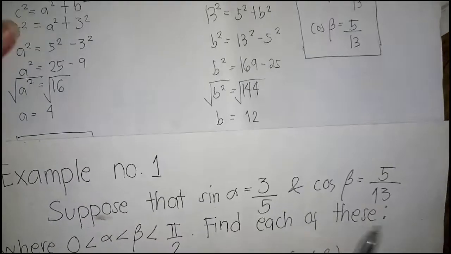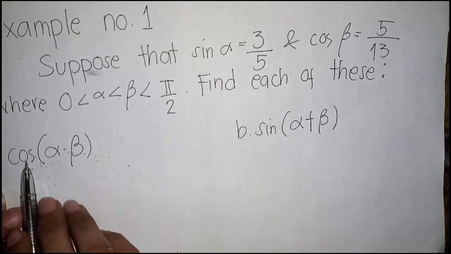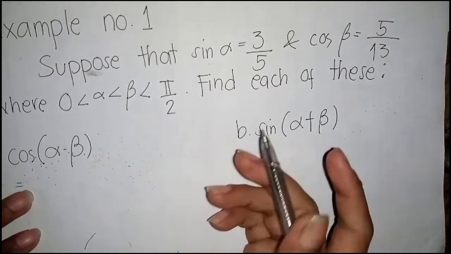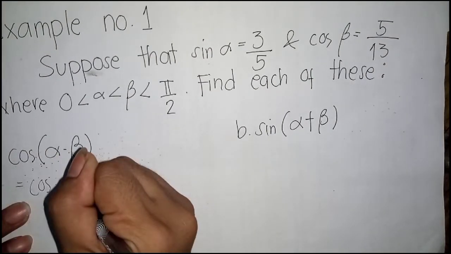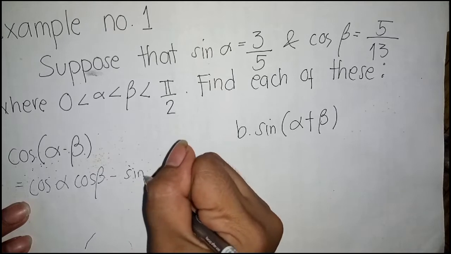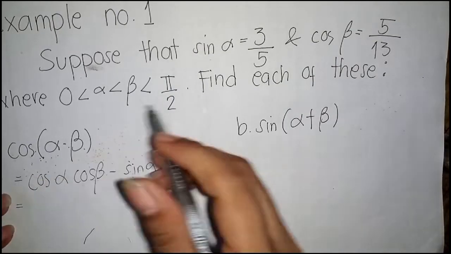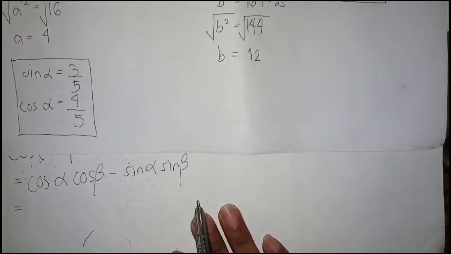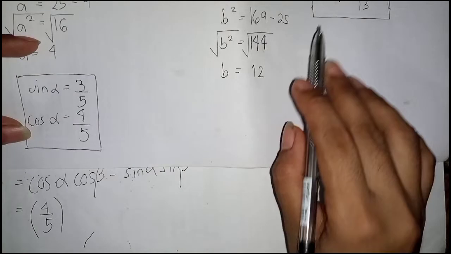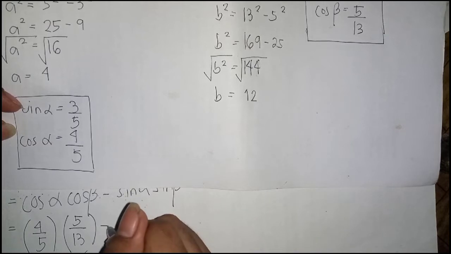So, our cosine alpha minus beta. So, this is our given. So, ang formula na is cosine alpha cosine beta minus sine alpha sine beta. So, let's substitute now. Cosine alpha is 4/5. And then, our cosine beta, which is 5/13. Minus.